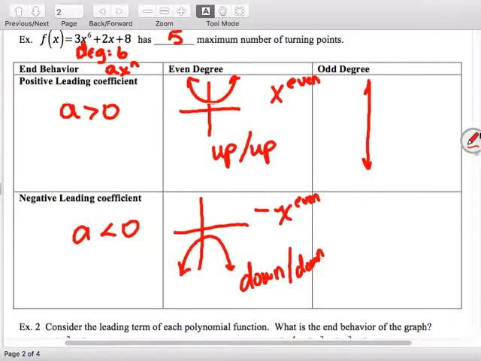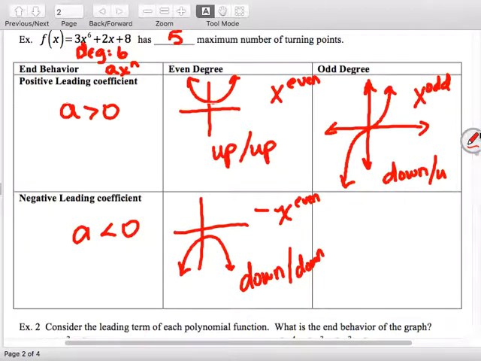On an odd degree, it looks like this. This is x to an odd power. So x cubed, x to the 5th, x to the 7, x to the 9. It's going to have end behavior down, up. And then what happens if I put a negative out front, it reverses it.